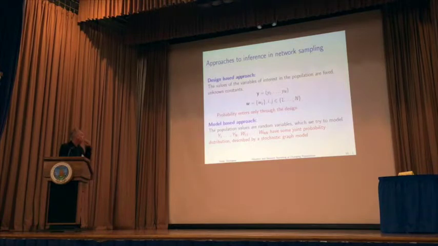So this also has a design-based and a model-based approach. In the design-based approach, the set of nodes, the values associated with the nodes, the values associated with the links, and the presence or absence of all those things are considered fixed, and probabilities come just from our design.